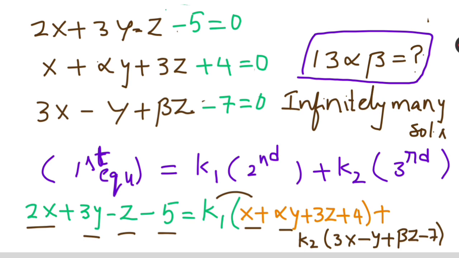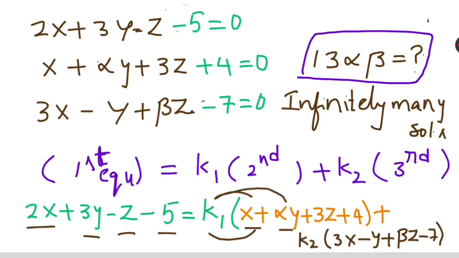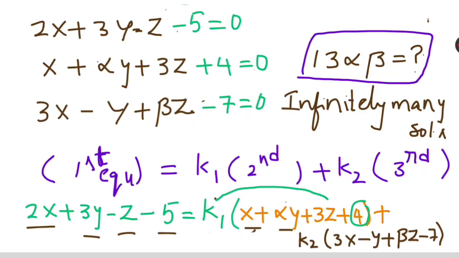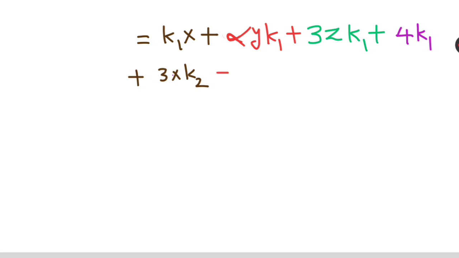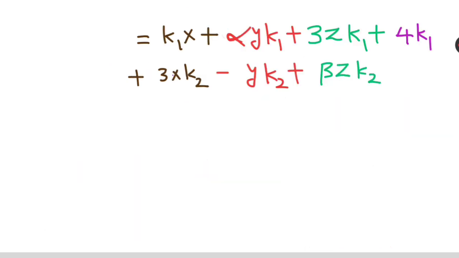So expand the RHS. What do we have? We have k1x, then alpha y k1, then 3z k1, and finally the constant 4k1, plus the k2 terms: 3x k2, then minus y k2, then beta z k2, and finally the constant term minus 7 k2.